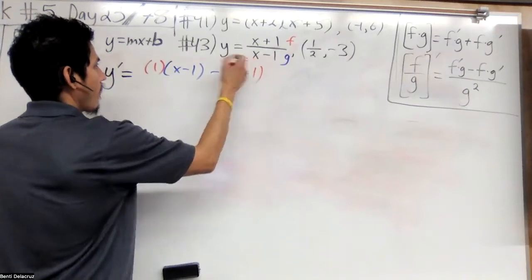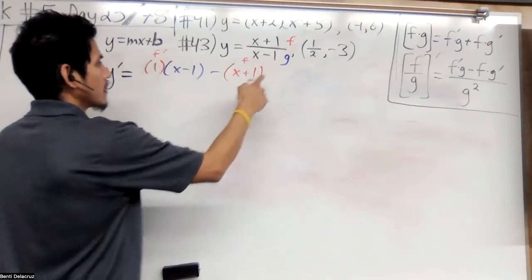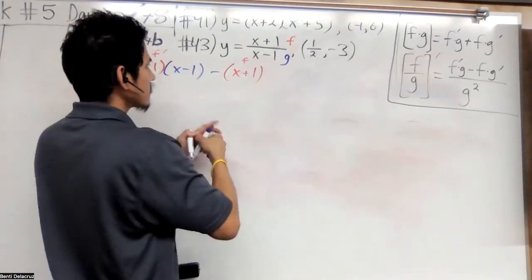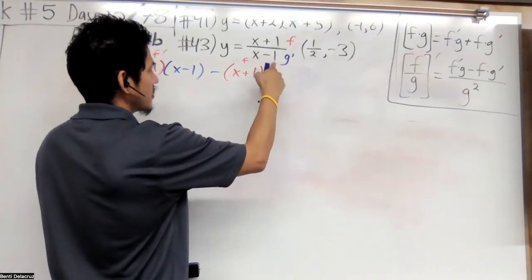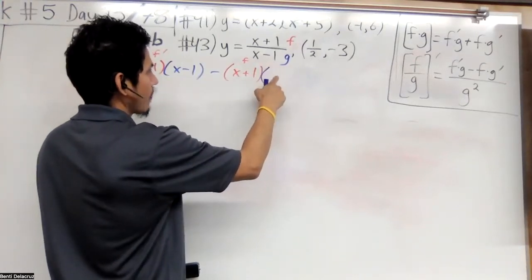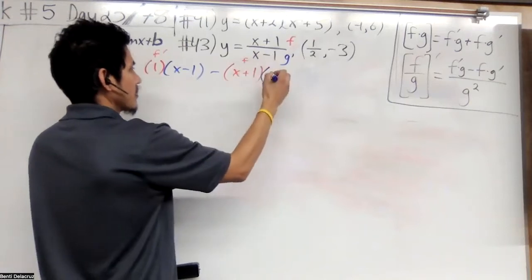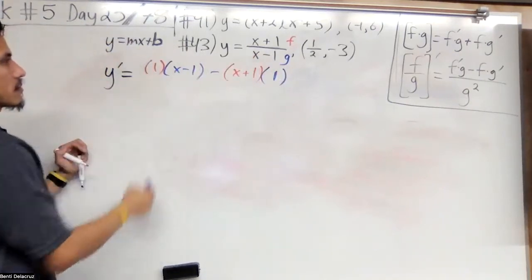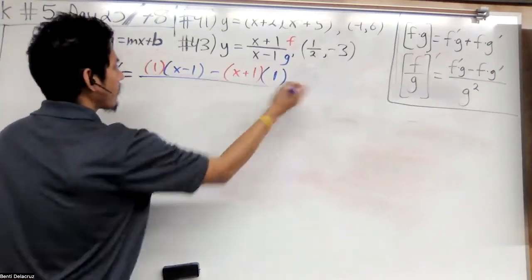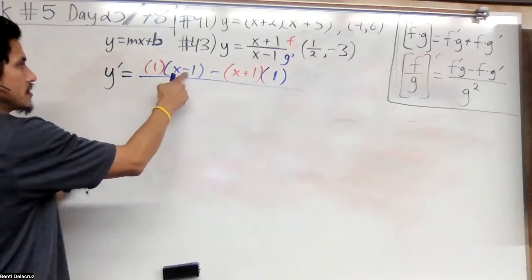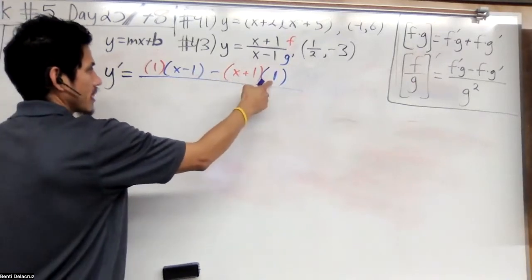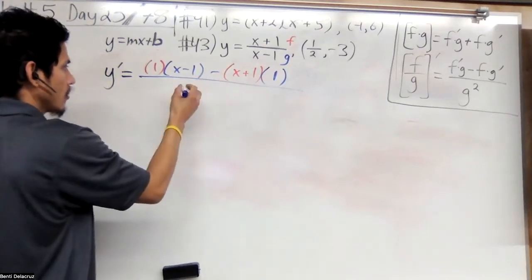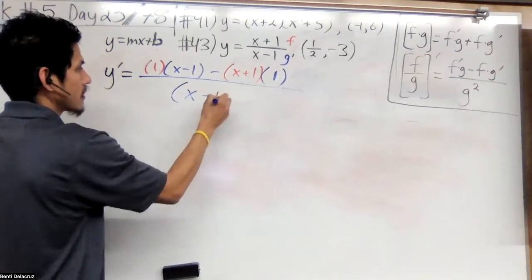So this is your f prime, times g, minus f, times g prime. The derivative of x minus 1 will just be 1. That's a pretty simple derivative. Let me actually erase those. So this is the top. Again, f prime g minus f times g prime all over g squared. So all over x minus 1 squared.